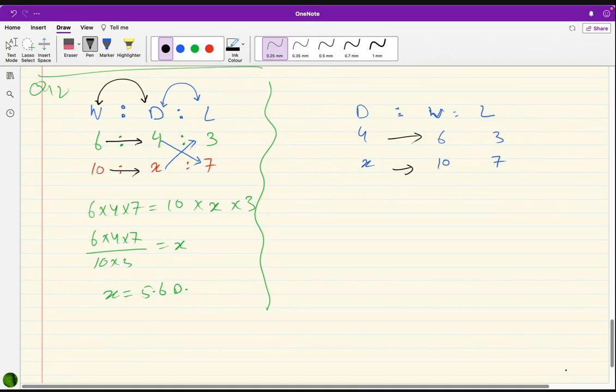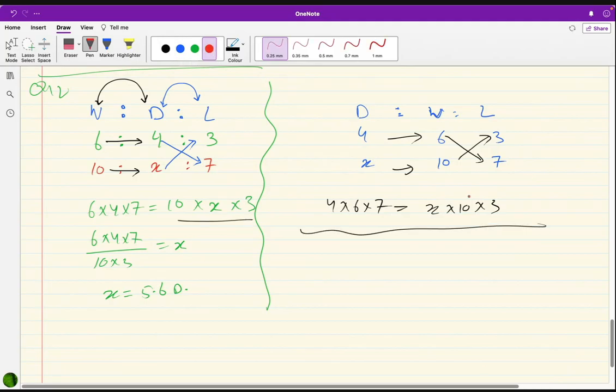More workers can dig more deep. So cross multiply. Now just observe 4 into 6 into 7. That was still 4 into 6 into 7 on the left hand side, and x, 10 and 3 on the right hand side.